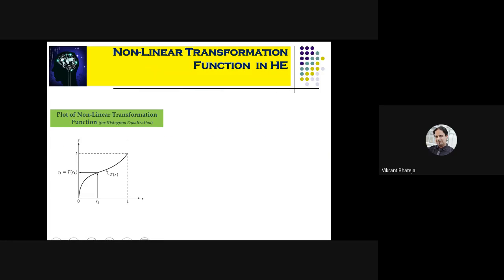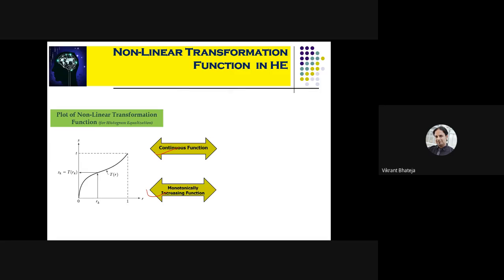Now let's see how we apply the mathematical logic here. This is the plot of a non-linear transformation function for histogram equalization. If you see this particular plot, this is a sigmoidal function, and we already know that the requirement for histogram equalization functions is that it should be a continuous function and a monotonically increasing function.